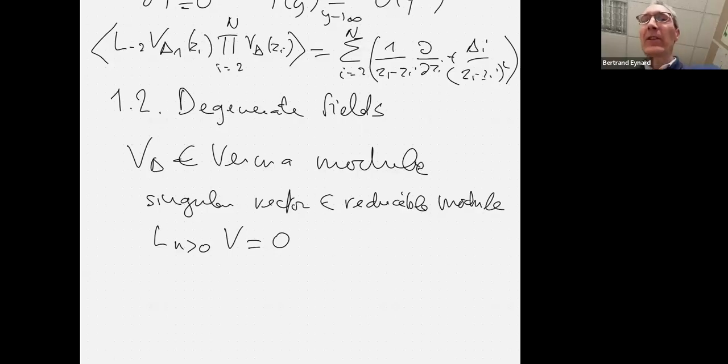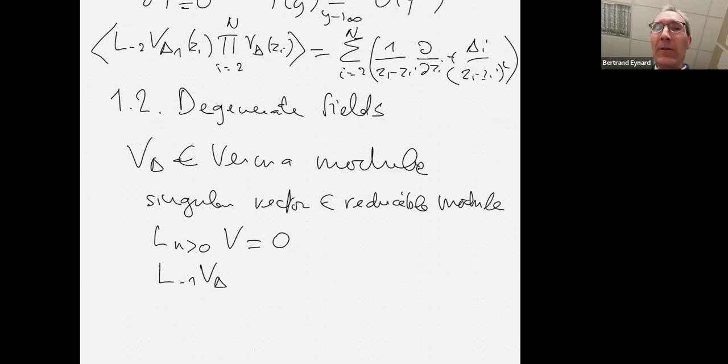And we could ask this question level by level. So we could look for a level 1 descendant. Well, there is only one level 1 descendant, which is L-1 applied to V delta. The question is whether this is a primary field. And to know that, we have to see if it's killed by the annihilation modes, the Ln with n positive.